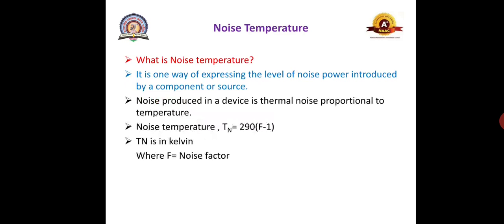Now the third term is the noise temperature, which is also used to express the quality of the signal. The noise figure is used to express noise in the receiver, but it is not very convenient, especially when dealing with ultra high frequencies and microwave low noise antennas, receivers or devices.